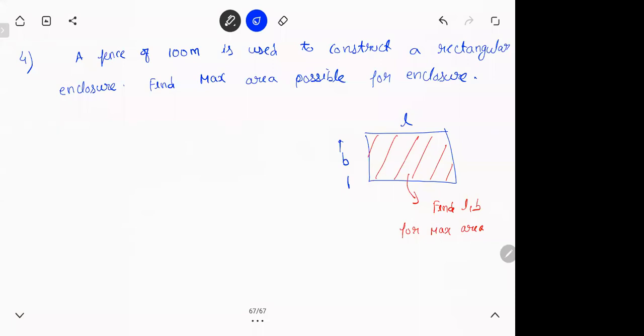Now see these kind of questions, let me tell you how it works. Generally the format will be like this. There will be two variables. They will give something, okay? Some relation is given to connect the two variables.